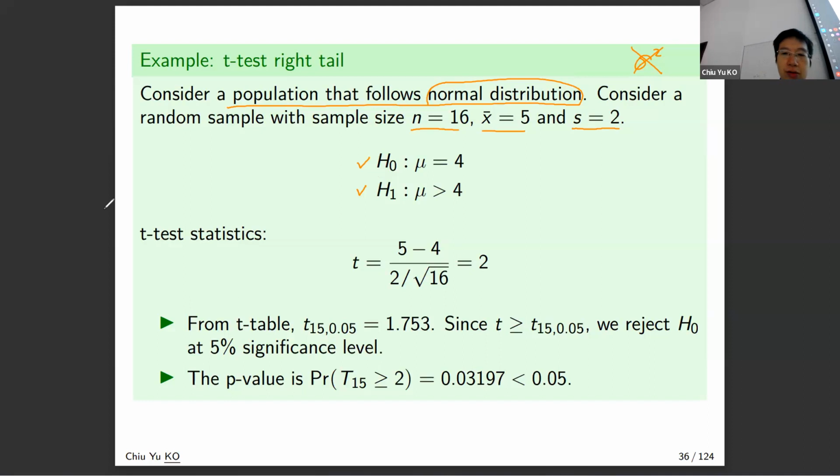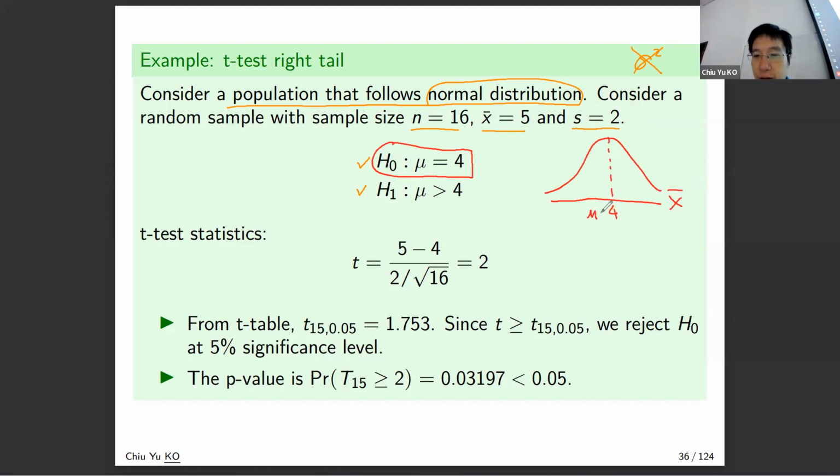Now just based on this, let's draw what we know. Before we do the sample, we know we are going to take a sample of size 16. So before we do it, if the null is true, we expect mu is 4 here, and the shape of this bell curve will be sigma squared over root n. If we knew sigma squared, then we're done, because we know the data we got says 5 here.